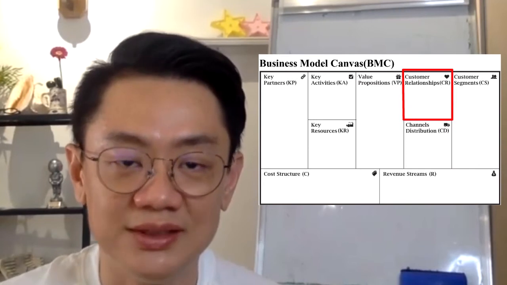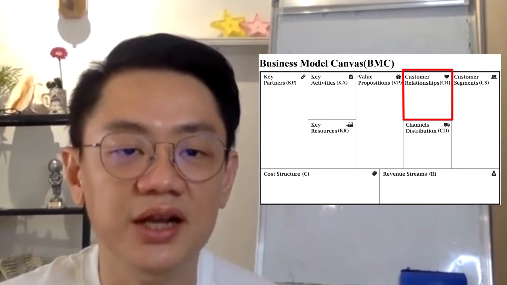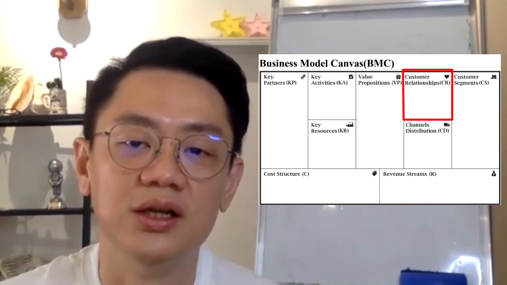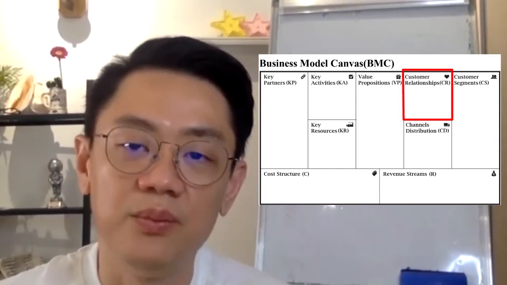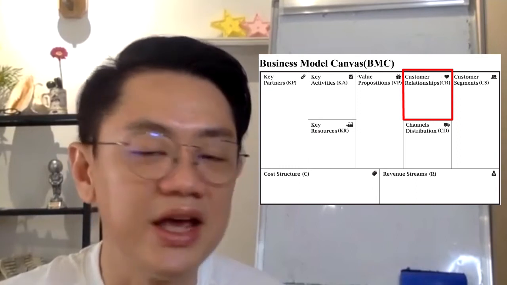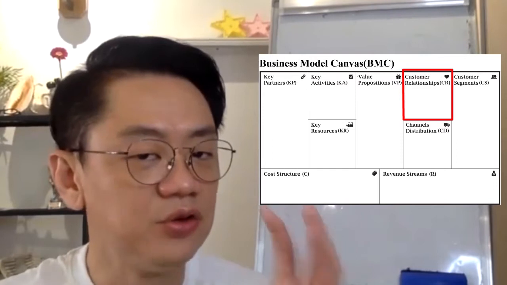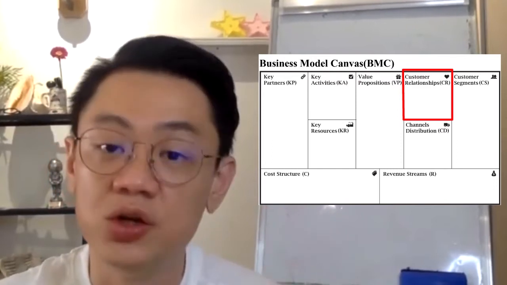Number 3, CR, customer relationship. Maintaining a solid customer relationship within your business context plays an essential role for you to not only retain loyal customers, but also attract new ones.